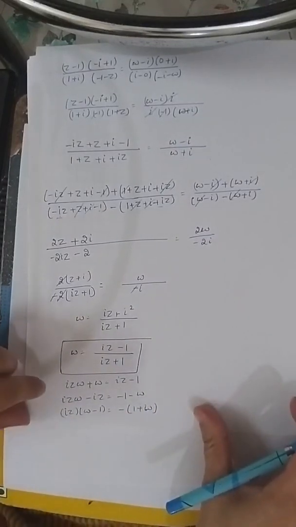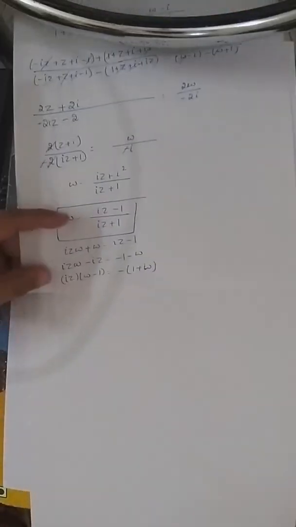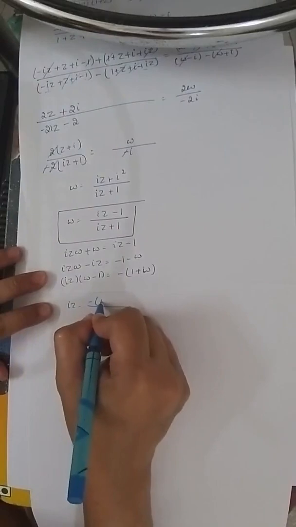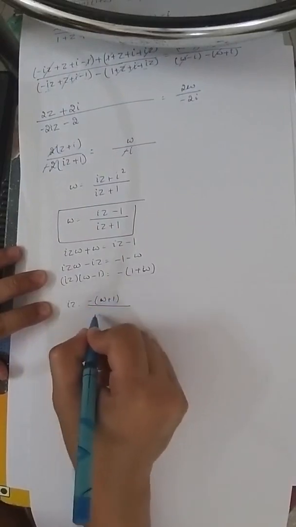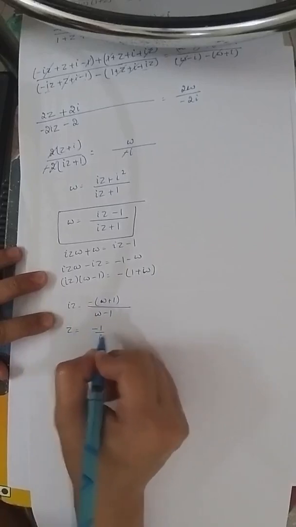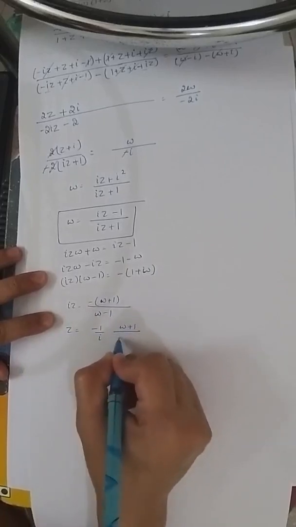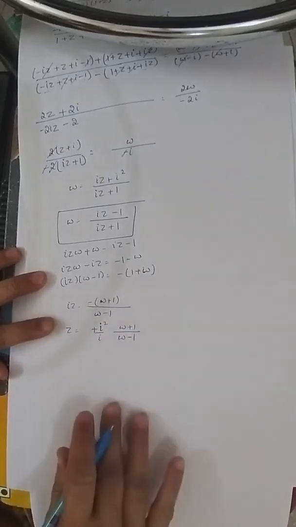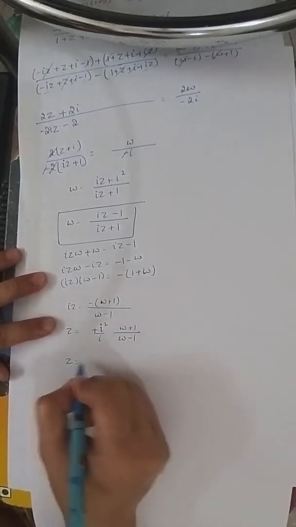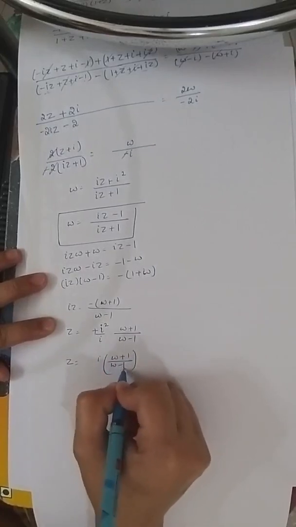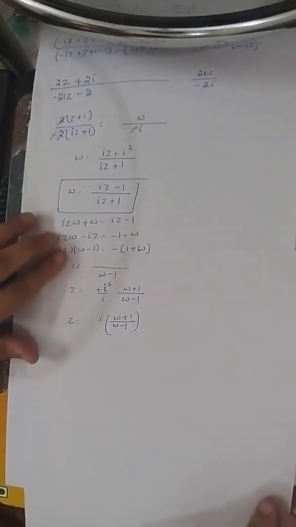That is iota z is minus w plus 1 over w minus 1, z equal to minus 1 over iota, w plus 1 over w minus 1, minus 1 can be written as iota square. That is z is iota times w plus 1 over w minus 1.